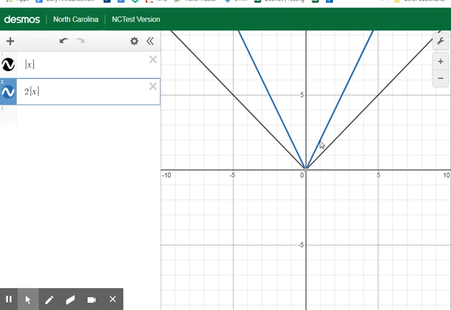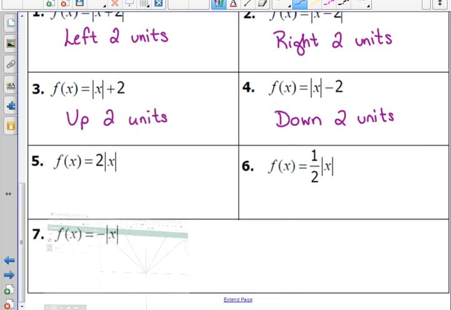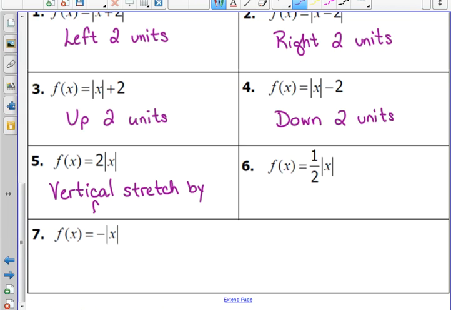We're going to call this a vertical stretch by a factor of 2.